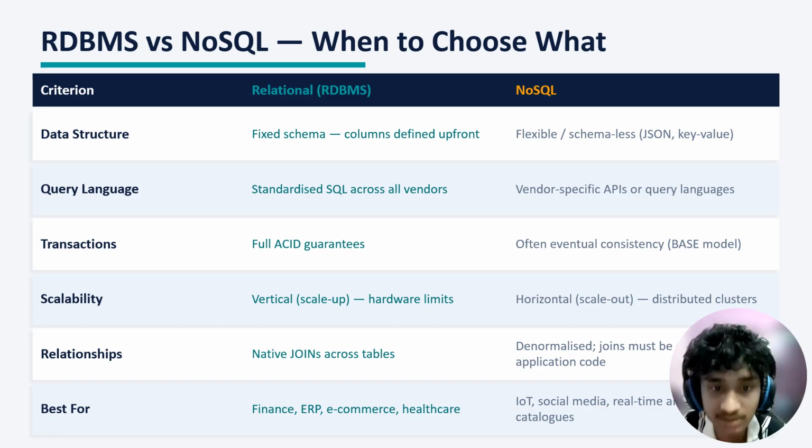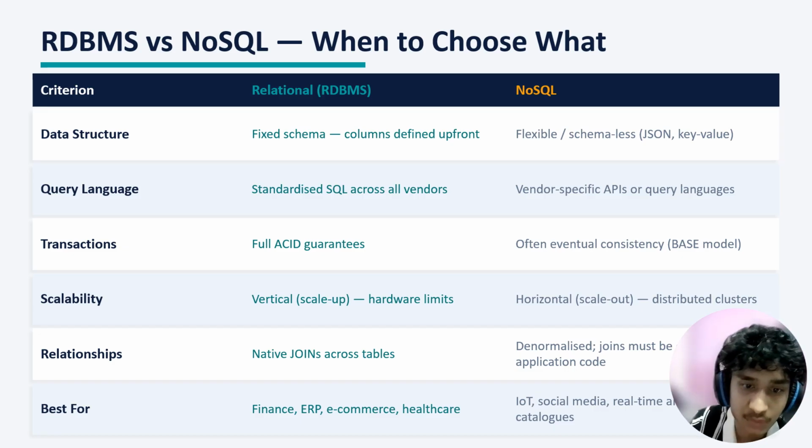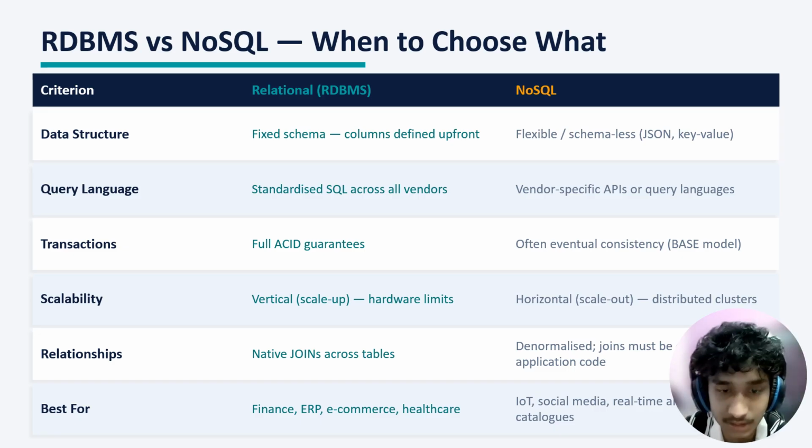The relational database has standardized SQL across all vendors, and NoSQL has vendor-specific APIs or query languages. And we have many other differences like transactions, scalability, and relationships. The transactions for a relational database are full ACID guarantees, as we have already learned from the previous slide, the meaning of ACID.